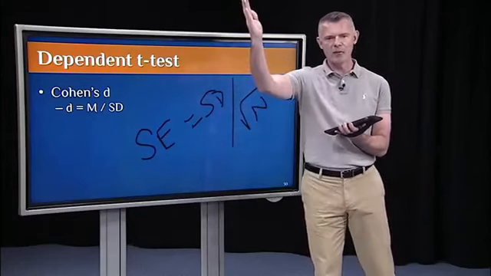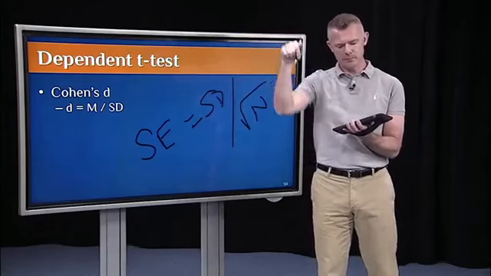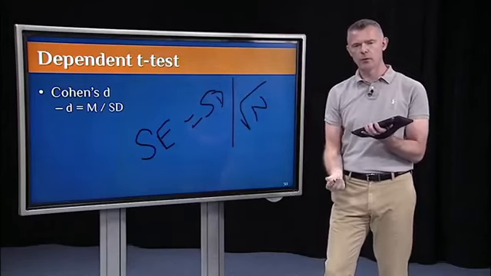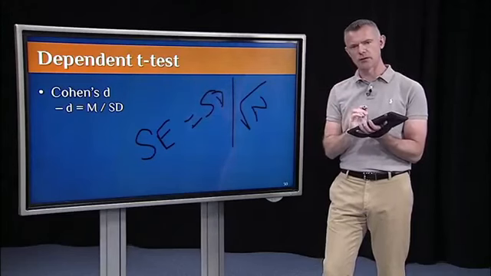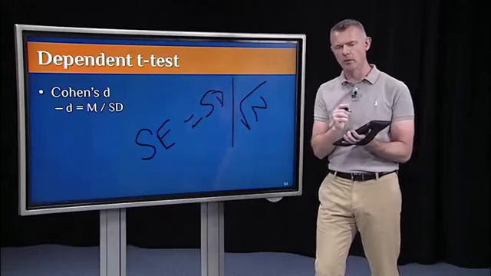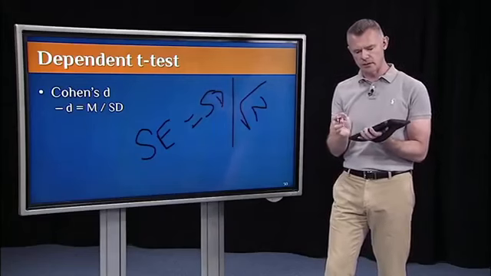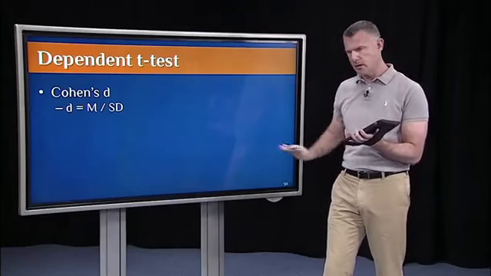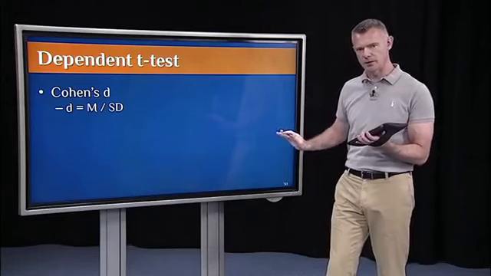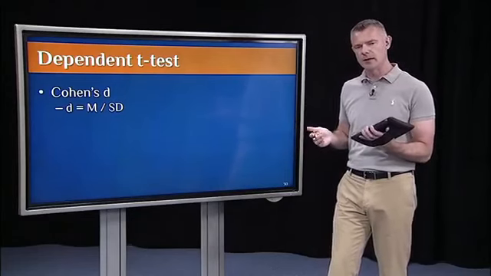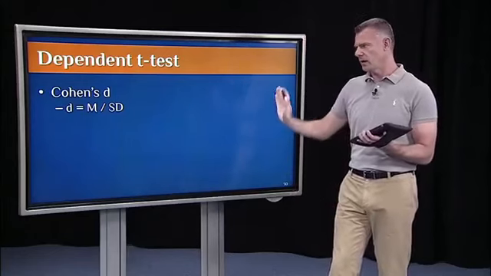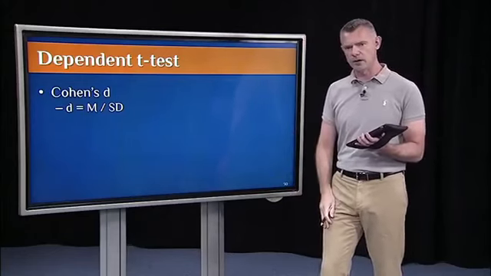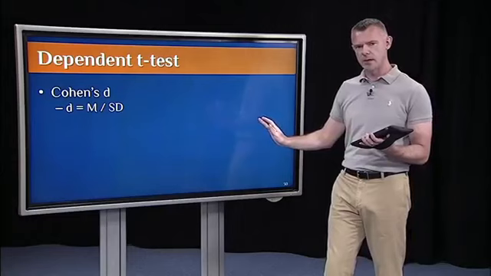As we drive n way up, standard error goes down, which means t will go way up, your p-value will go down, just as a function of n, right? That was the problem with NHST in general. Here, this effect size estimate, Cohen's d, is very clever. It doesn't go to that extra step of calculating standard error. It just does it at the level of standard deviation. That's not biased by n.